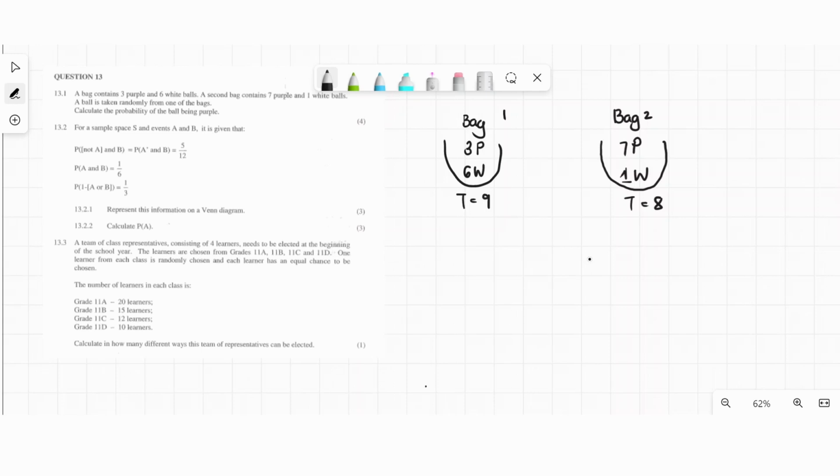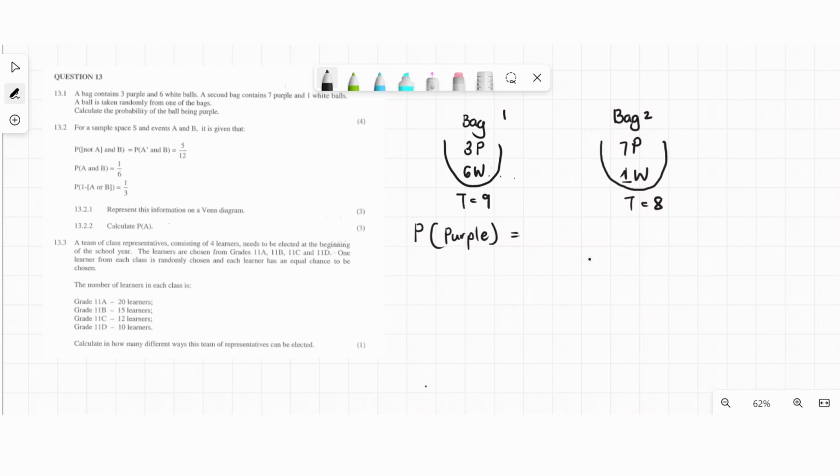So now they tell us the fact that a ball is taken randomly from one of the bags, so we're going to have to pick from both of them, right? Then they say calculate the probability that we pick a purple ball. So let's say the fact that we pick the first ball, right? We have 2 options. So the probability of picking a purple ball is going to be what?